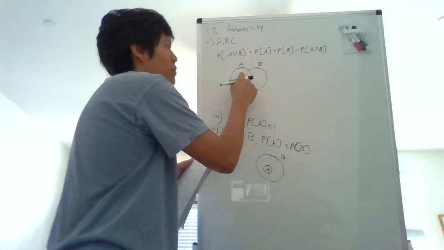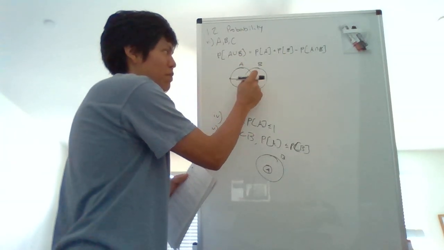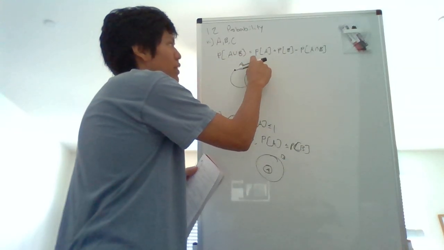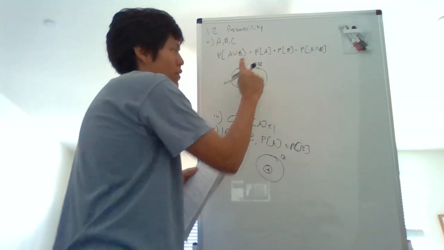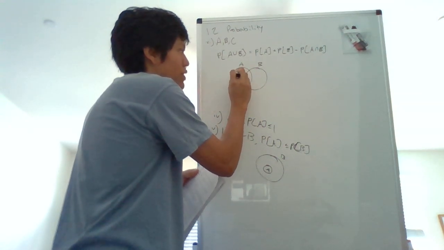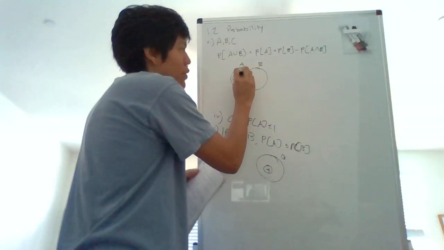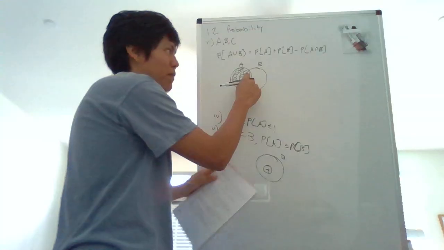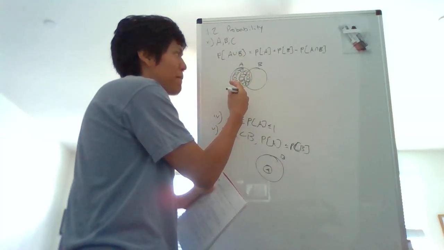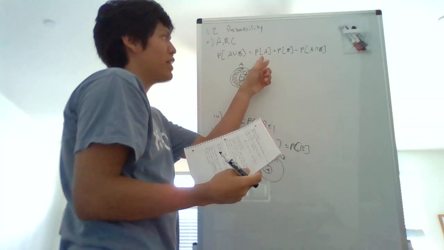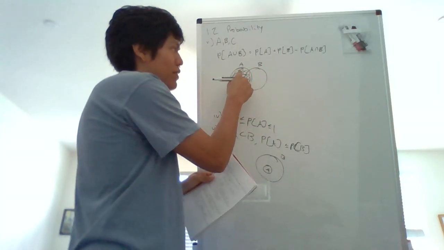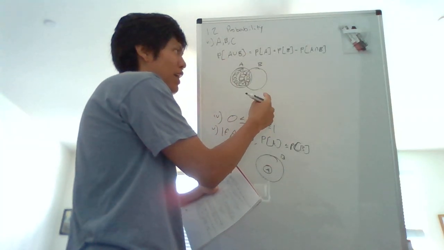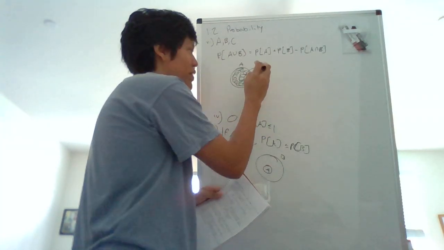If we're trying to find the probability of the union, and remember that is this entire area of these circles, then we find the probability of A, which would be the entire circle of A, and that's including that middle section, because while yes they overlap, that middle section is still part of A. So again, we take the probability of A, which is the entire A circle, plus the probability of B, which is the entire B circle, and yes, that also includes that middle part.